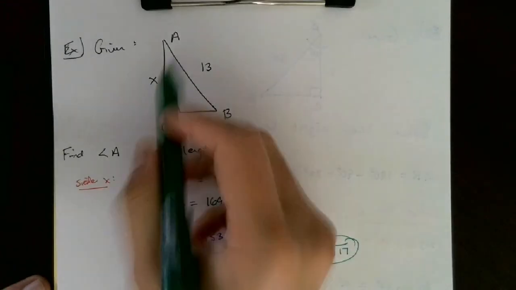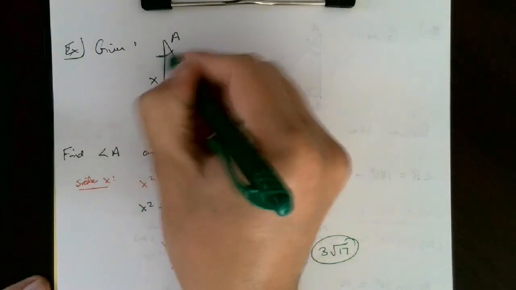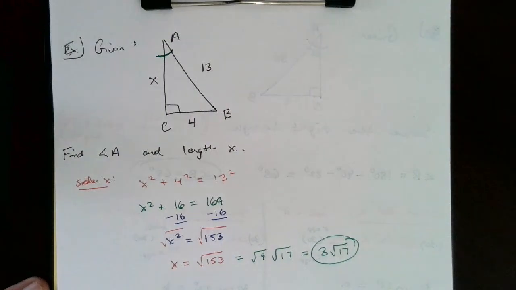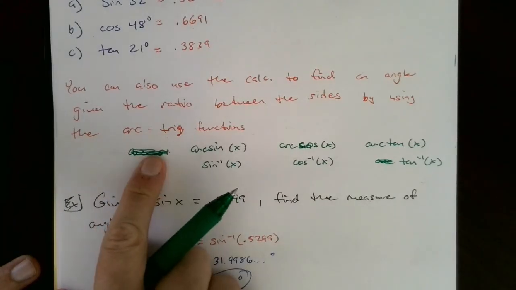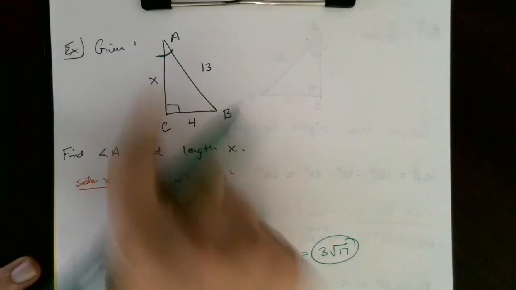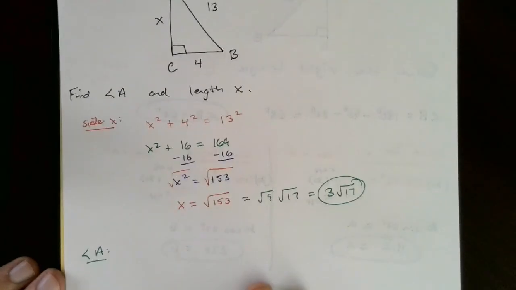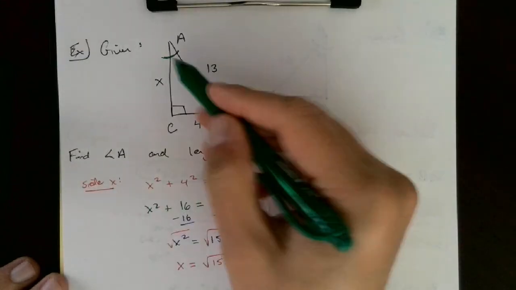Now how would I find angle A? Well, to find the angle, what did I say we used? If we go back here, to find the angle we use the arc trig functions, and we use the ratio between the sides. So let's say we didn't even know what this side was. To find angle A, I need a trig function that relates the sides I know.